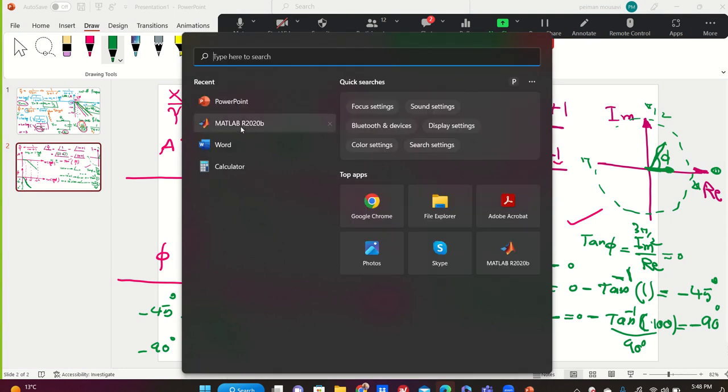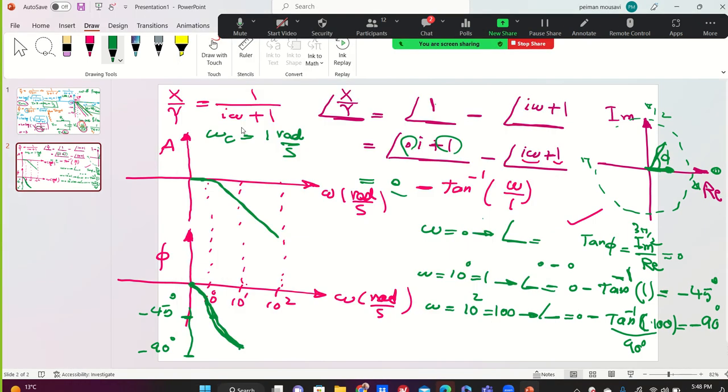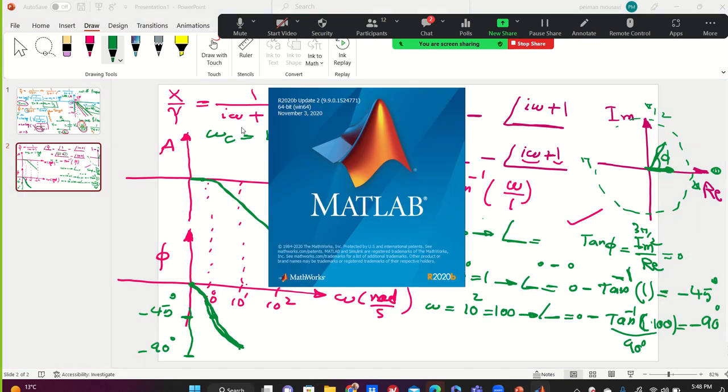So if I go to MATLAB, and plot the Bode plot, and the Simulink, I want to plot it for the first order system.